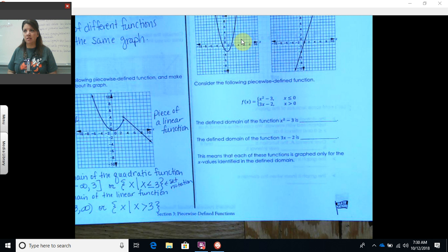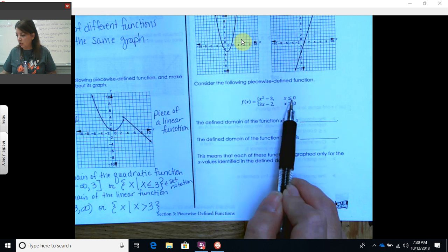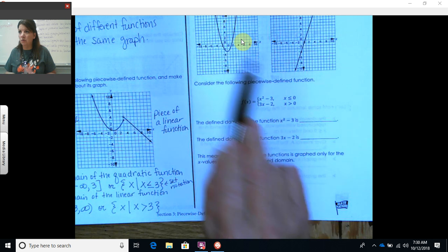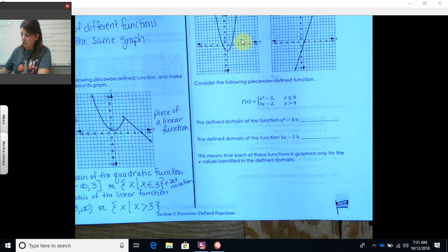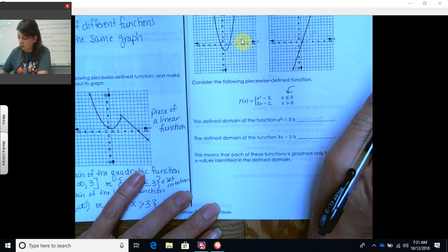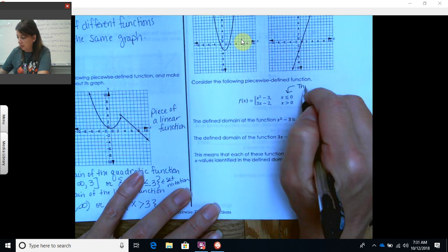You're only graphing the quadratic when x is less than or equal to 0. You're only graphing the line for when x is greater than 0. What's currently shown does not have any limitations on it, okay? So think about this over here. This is telling you how the domain is restricted. So I wrote, this restricts the domain.